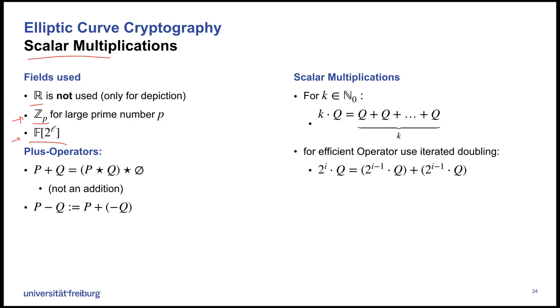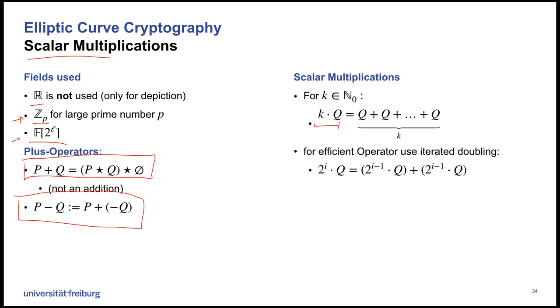Okay, so we have a plus operator. We also have a minus operator because we have an inverse element. With that, we do the following. If we have an element and add it k times to itself, we get a multiplication. k will be a natural number. So we take the same element and say Q plus Q plus Q plus Q and so on.